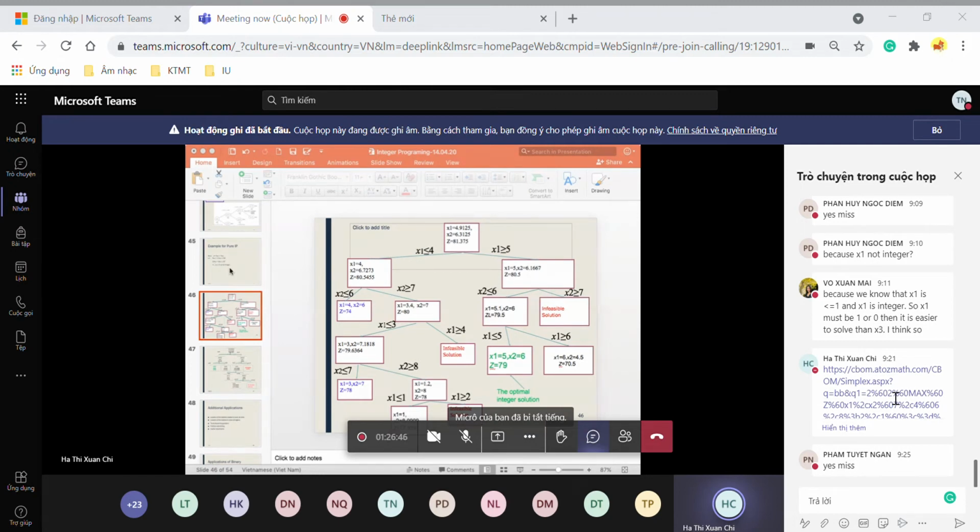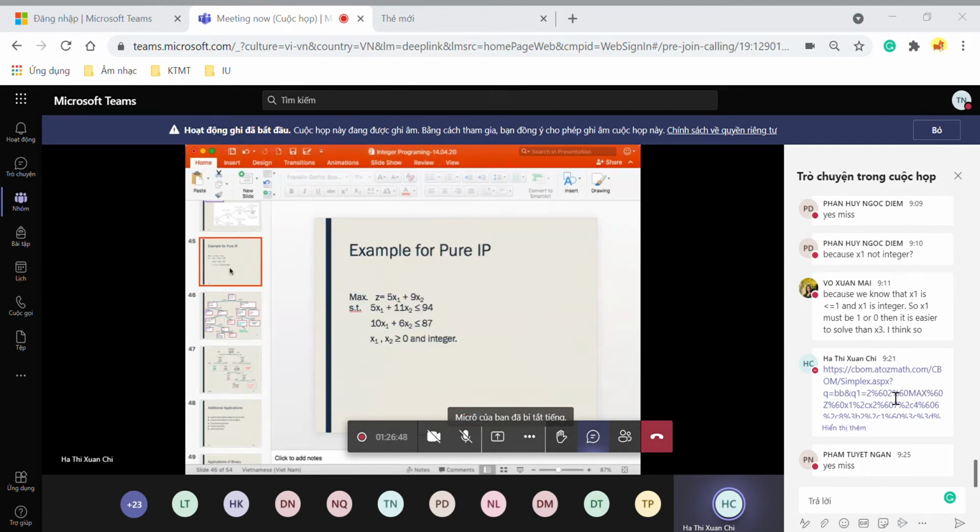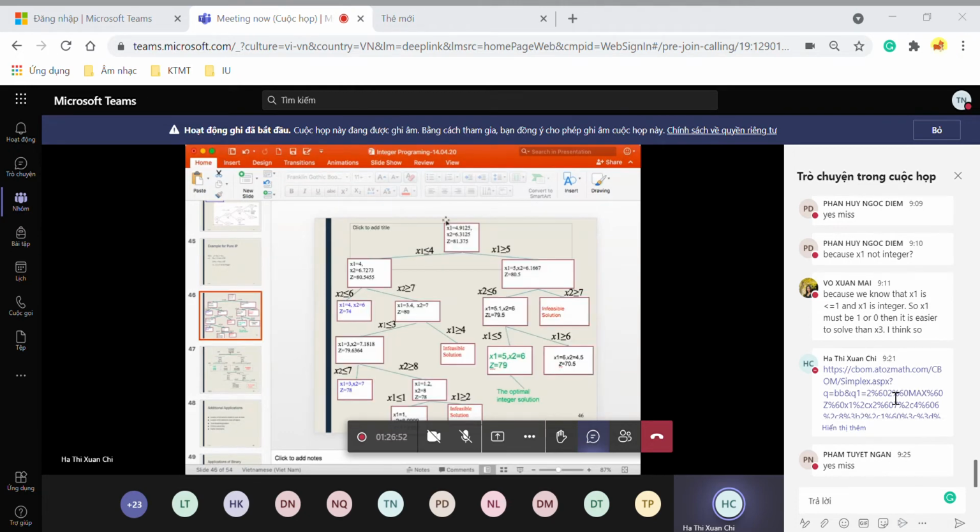So let me start with this example. With this example, we do the same. We solve the linear problem here, x is not 4.9, so you choose less than or equal to 4, greater than or equal to 5, right? And here that is 6, greater than 6, greater than 7.